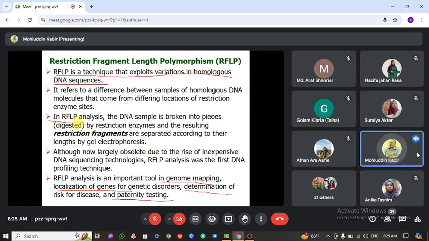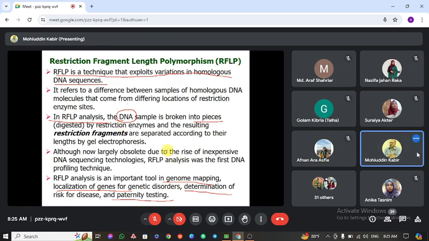In RFLP analysis, the DNA is digested by the restriction enzymes so that it produces different pieces, depending on the number of restriction sites present in a given DNA, genome, or sequence.